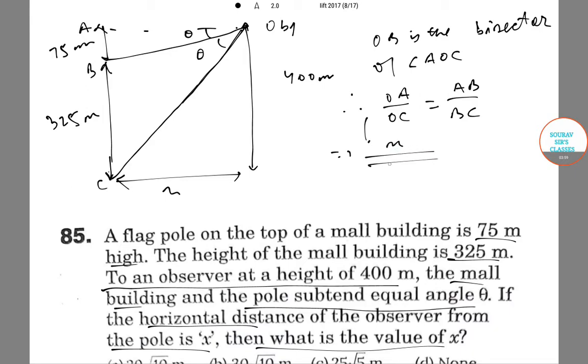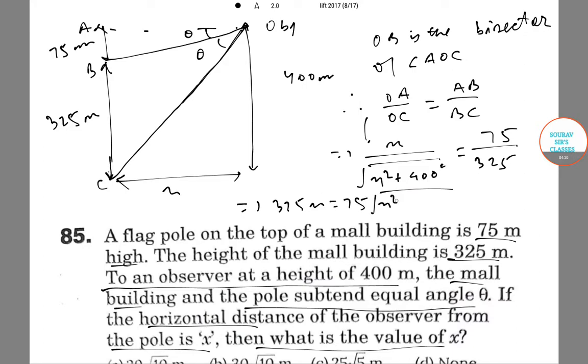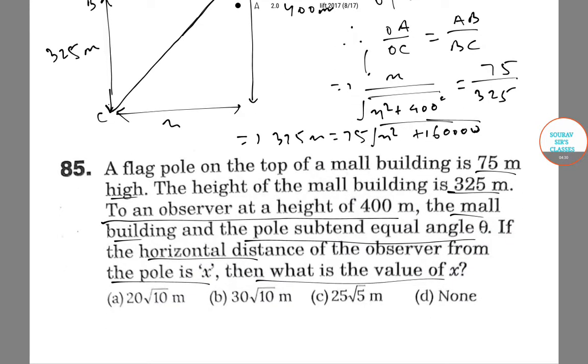x by root over x squared plus 400 squared is equal to 75 by 325, or 325x is equal to 75 into root x squared plus 160,000, and so 105625x squared is equal to 5625x squared plus 9 into 10 to the power 8.